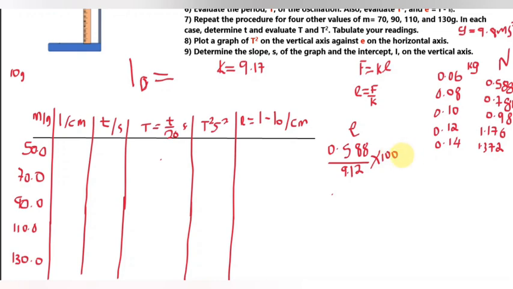Let me work that out: 0.588 divided by 9.17, multiplied by 100. That gave me 6.4122, so I'll take it to one decimal, 6.4.